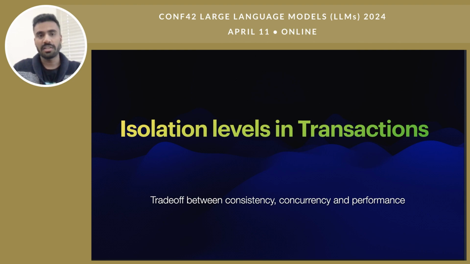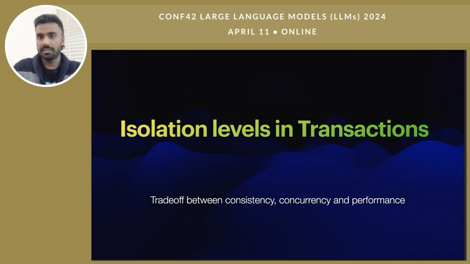What is important is the ACID properties of the database. What is ACID? Atomicity, consistency, isolation, and durability. Among these four, I will be focusing on the isolation aspect of database systems in the distributed environment.